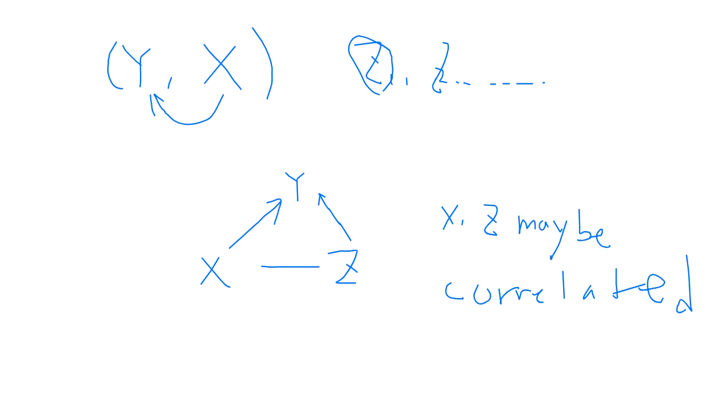So that's the concept of partial correlation. In the next class we are going to talk about partial correlation, and from there, multiple linear regression, which is the case when we have more than one predictor.